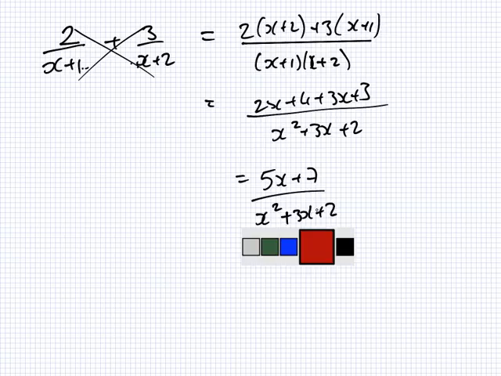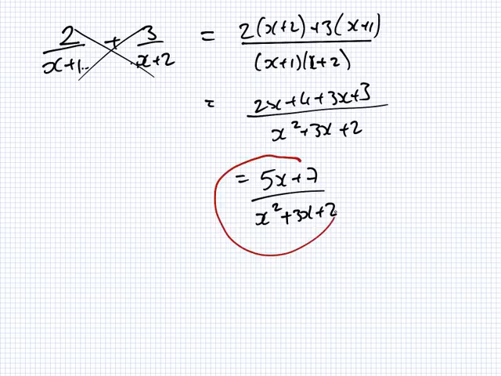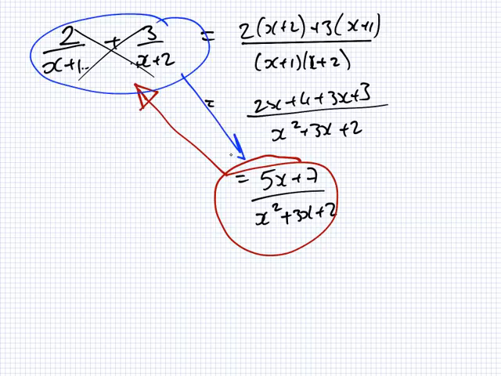Now what we want to learn today is how to go from here back to this form. Going from here to here is much easier than going backwards. Going backwards is quite difficult, but it's quite useful. This form is more convenient than this form.